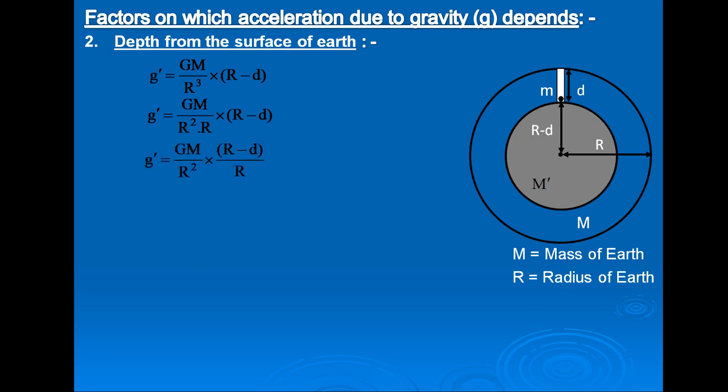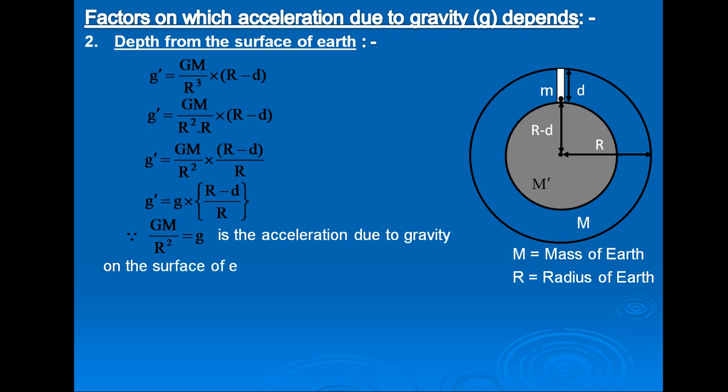Again, by rearranging, we get g dash is equal to G M upon R square multiplied by (R minus d) upon R, or g dash is equal to small g into (R minus d) upon R within the bracket, because G M upon R square is equal to small g, the acceleration due to gravity on the surface of earth.